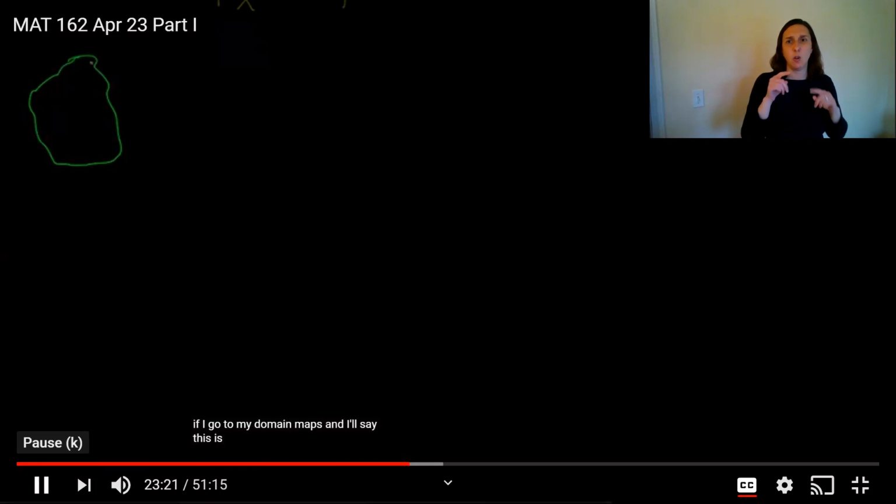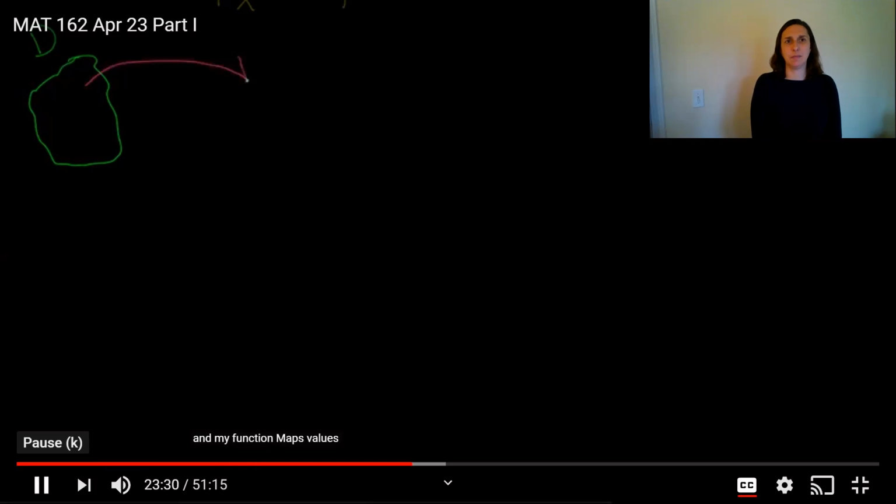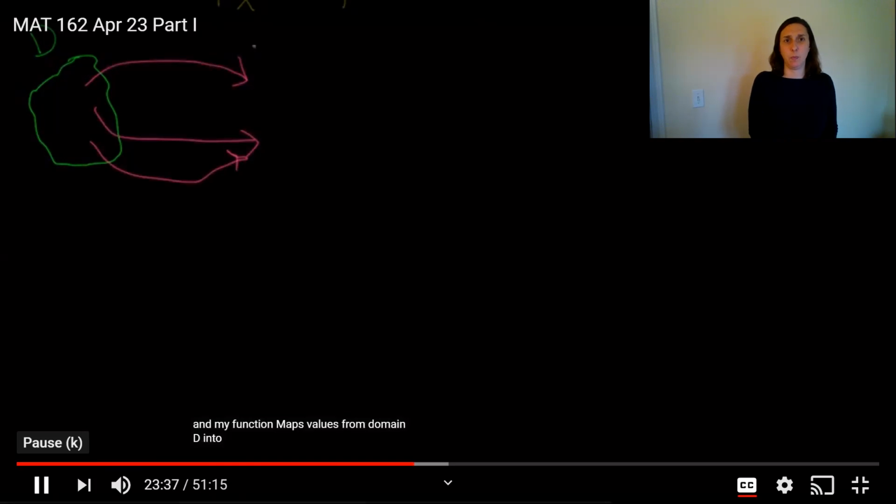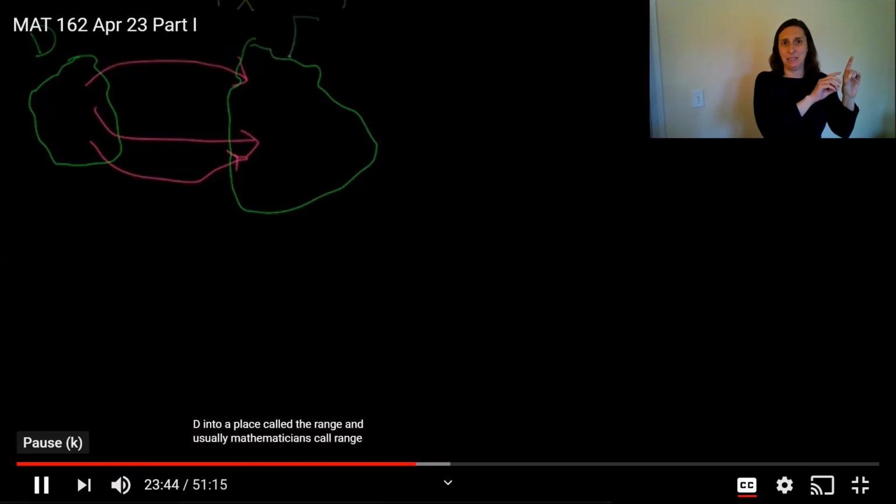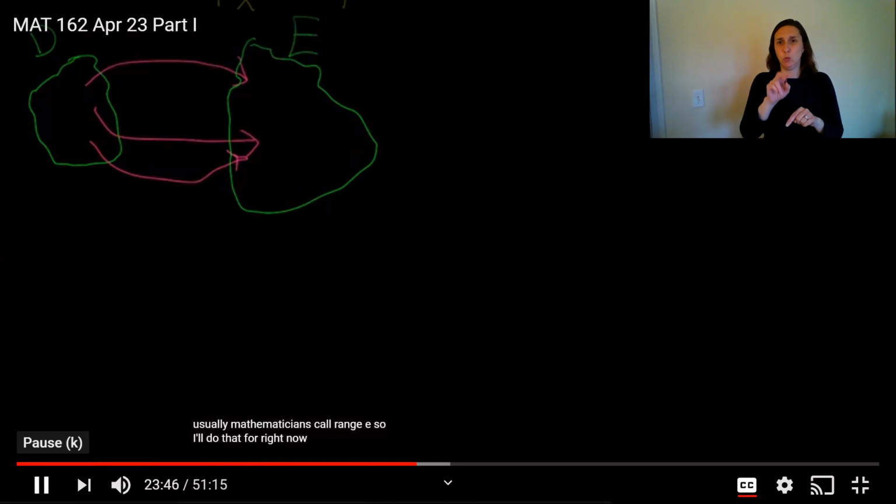So if I go to my domain maps, and I'll say this is some domain D, and my function maps values from domain D into a place called the range. And usually mathematicians call range E, so I'll do that for right now.